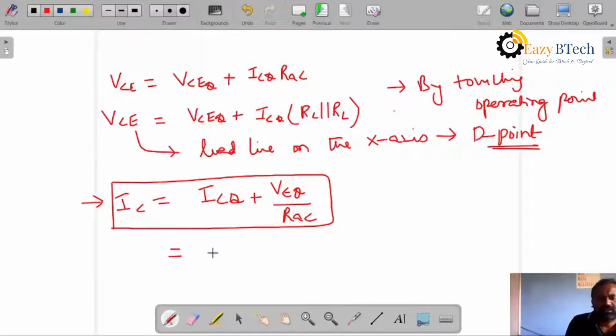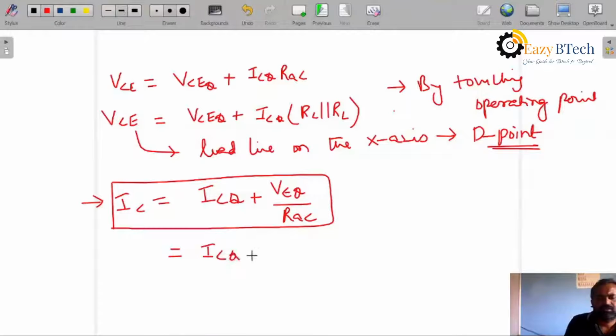That is ICQ plus VCEQ by RC parallel to RL.